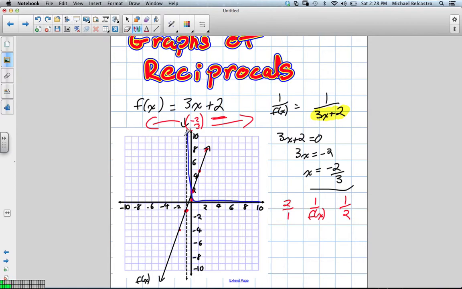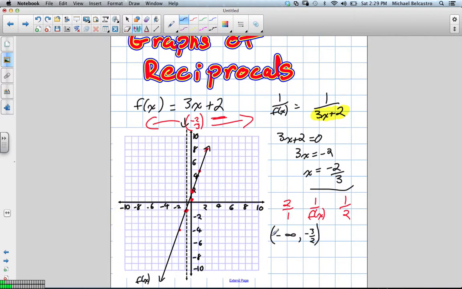Which then means if we're here, because this was linear, from our vertical asymptote to the left, so if we are starting here and going left, which way was our graph going? Negative. So because it was going negative, our reciprocal function is negative to the left of this, okay? So you would write that out something like this. You would say from negative infinity to negative 3 over 2.